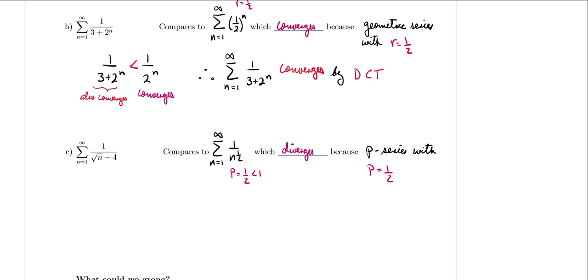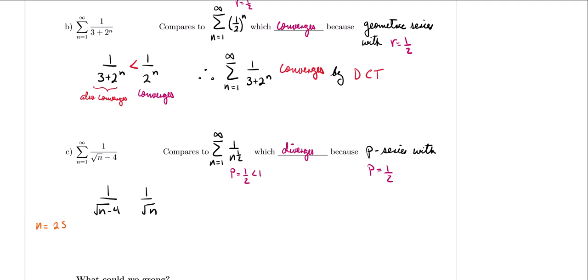So now let's go ahead and do the comparison. If we compare 1 over the square root of n minus 4 to 1 over the square root of n, which one is greater? Now for this one here, it might not be as easy as the other ones. So if you're having trouble, you can always just pick some n value. Let's say that n is equal to, I don't know, 25.